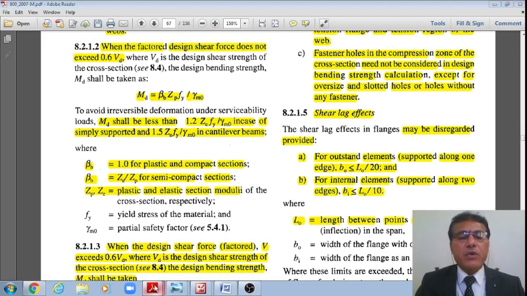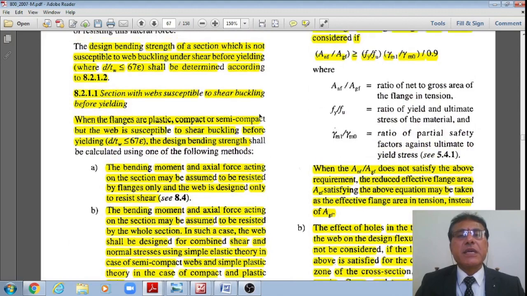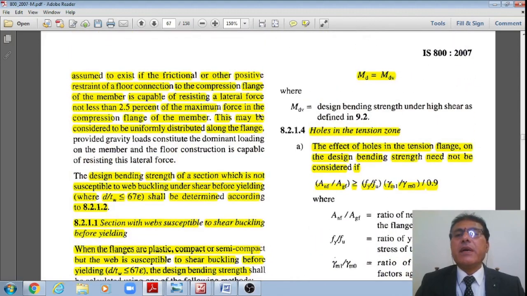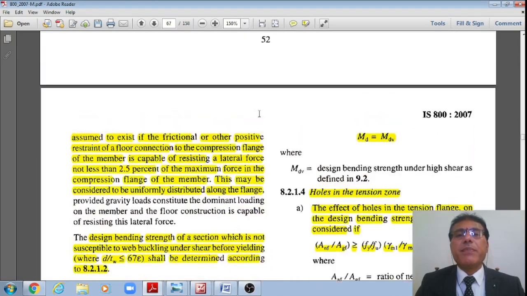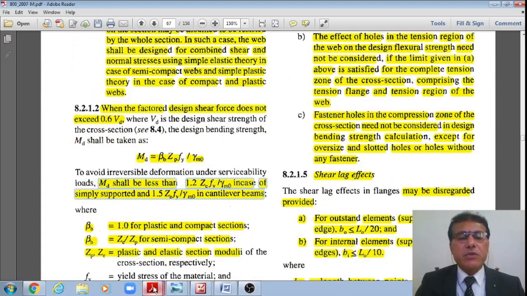Right. Therefore, using this codal provision of IS 800 2007 from page number 53, this is my assumption. To start with, I have assumed low shear and the plastic section.